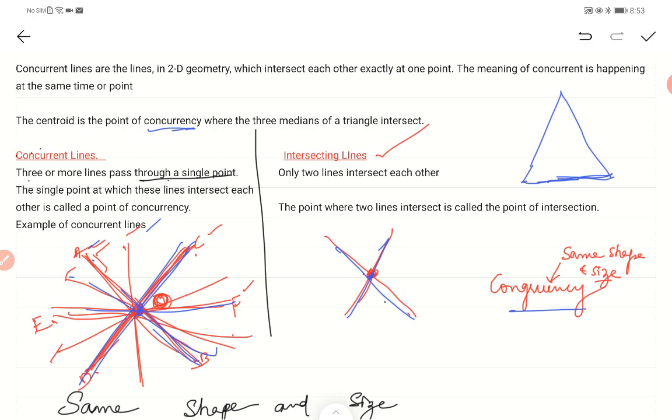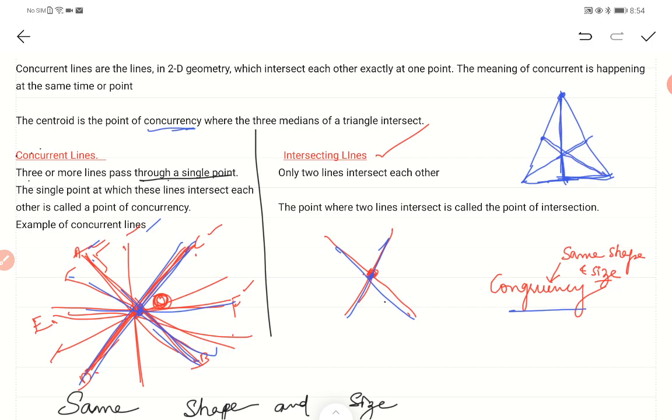So how did we draw the median? From different vertices. A median is a line passing from any vertex of a triangle and cutting the opposite side at its midpoint. So this is one median, this is one more median, and this is one more median.